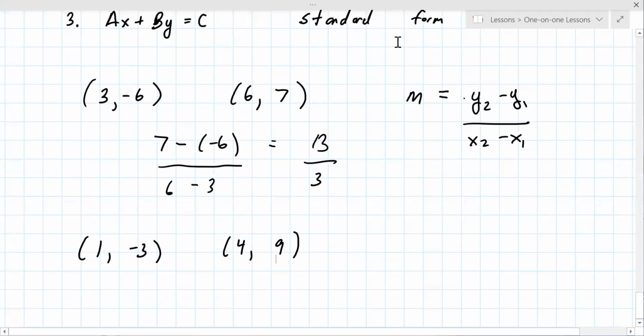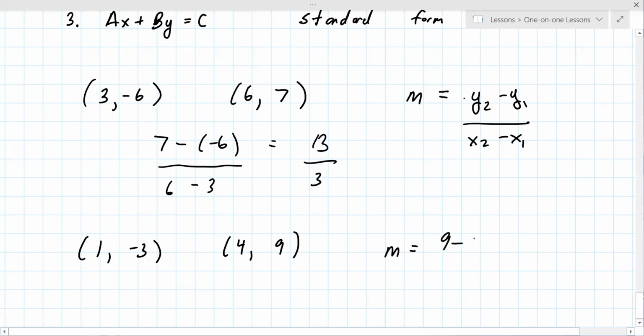Let me scroll up a little bit so you can see it. 4 over 1.